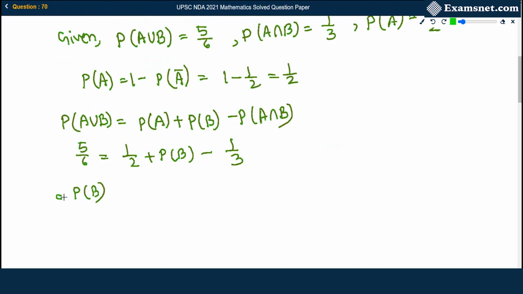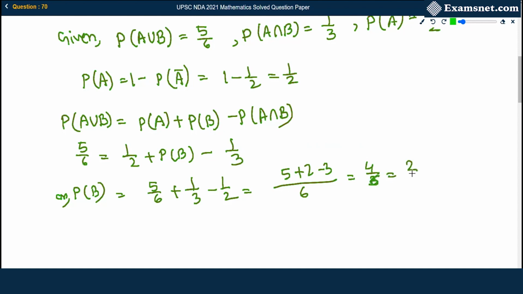So this becomes 5/6 plus 1/3 minus half. It will give us the value 2/3, right? So I got the probability of the event B as 2/3.